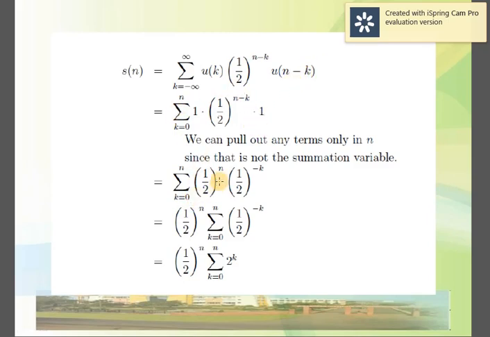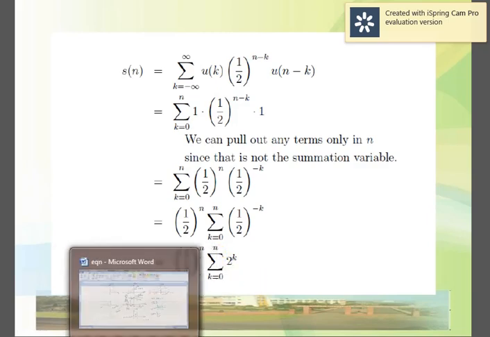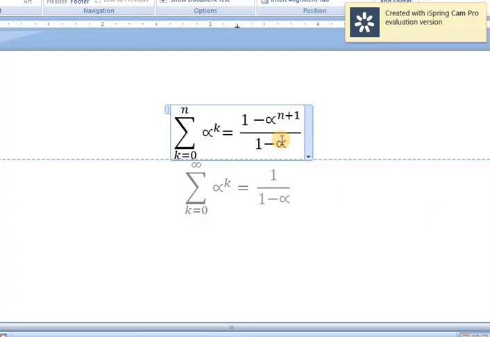When we go for solving, we can solve it by splitting this power. And to get the answer of this summation, we use the mathematical formula: summation of alpha raised to k, k is equal to 0 to n, is 1 minus alpha raised to n plus 1 divided by 1 minus alpha.